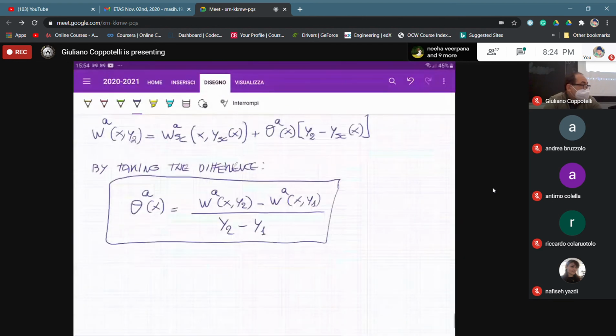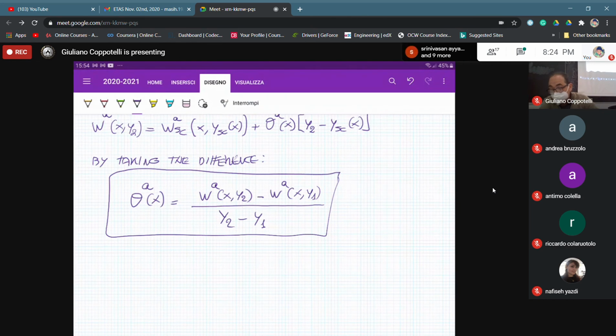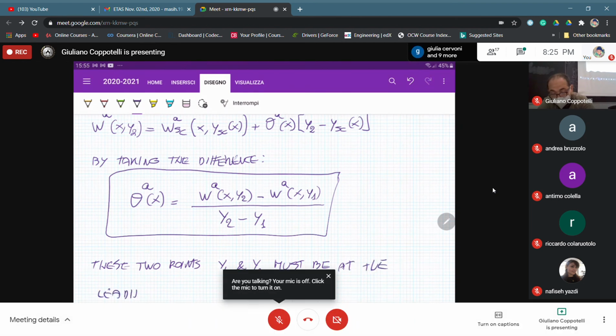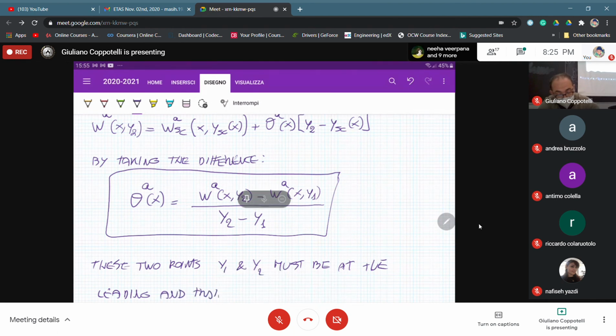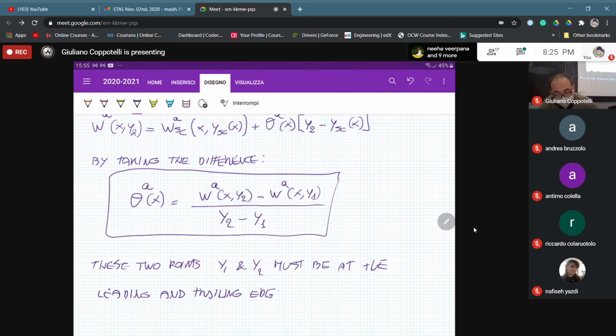By the way, in order to minimize the error, these 2 points that we are using to evaluate the section rotation must be at, for example, the leading and trailing edge, to reduce error.